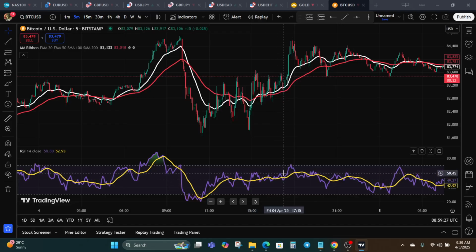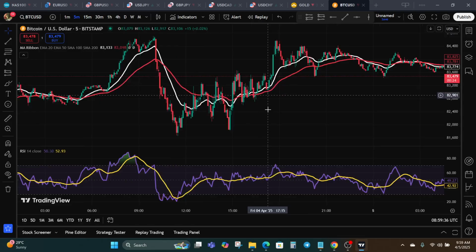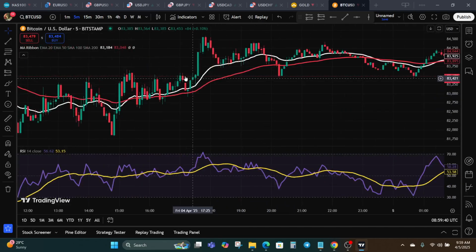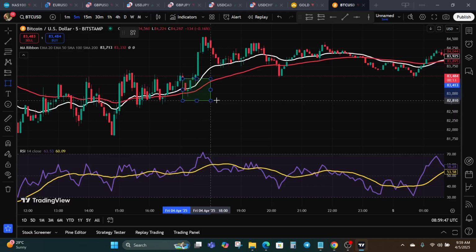Then make sure you get a bullish candlestick pattern from near the EMAs that confirms continuation. For example, you can see we had a morning star around here. The morning star gave us a confirmation for this buy, and a confirmation for this buy.